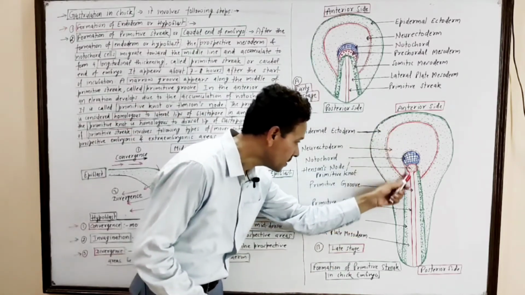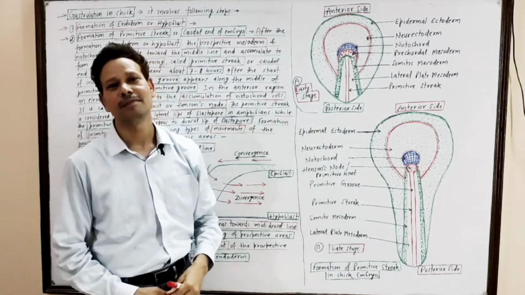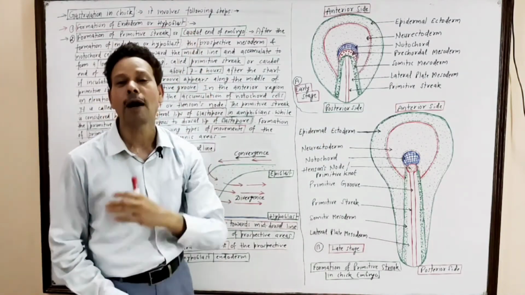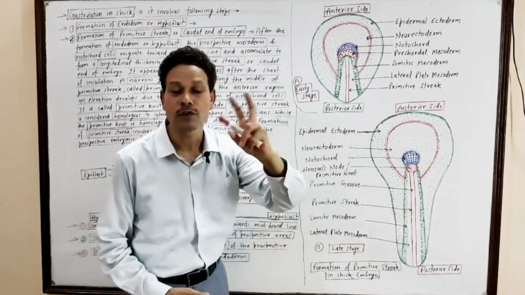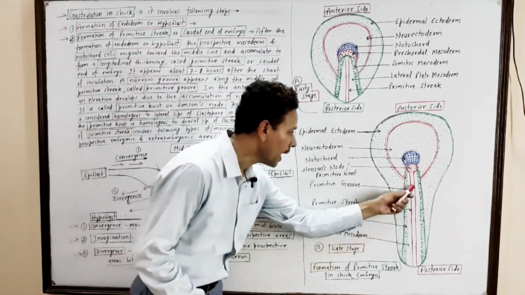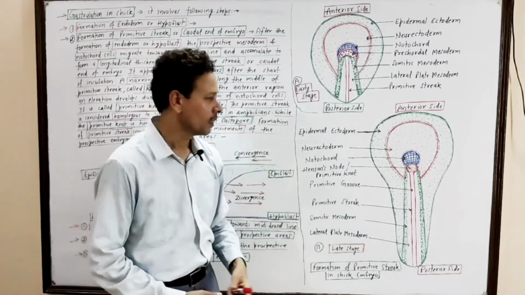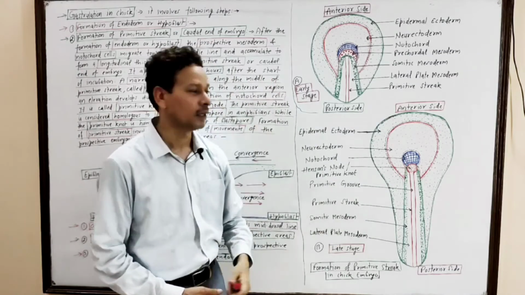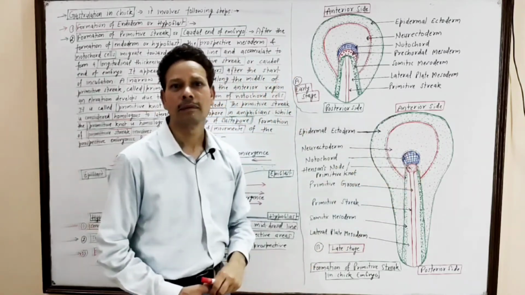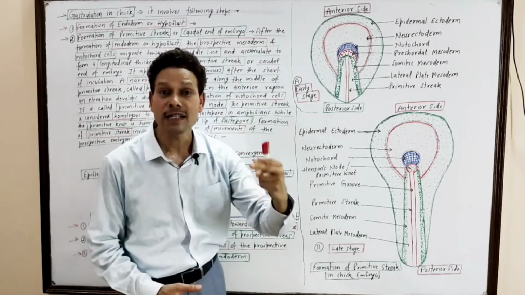As a result, this longitudinal thickening which appears in the middle part of embryo represents the primitive streak, and it encloses a groove, that is the primitive groove, and in its anterior region, a small elevation, a node is present, that is the primitive knot, or it is Hensen's knot.